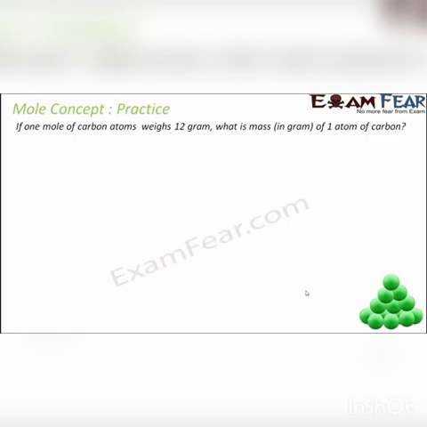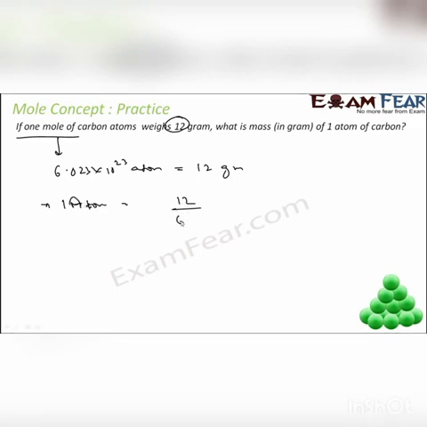The question is: 1 mole of carbon atoms weighs 12 grams. We have to find the mass of 1 carbon atom. So we know that 1 mole of carbon atoms is what? 6.023 into 10 to the power 23 atoms. And this weighs 12 grams. So the mass of 1 atom will be how much? 12 by 6.023 into 10 to the power 23 grams.